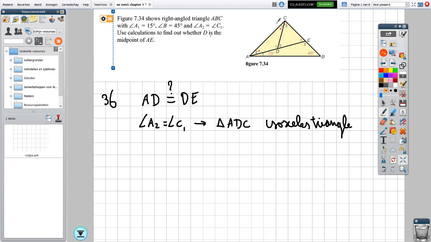These are the legs, this is the base, D1 is the vertex angle. That means that AD is actually the same as DC. So I do know that AD is the same as CD because of an isosceles triangle.